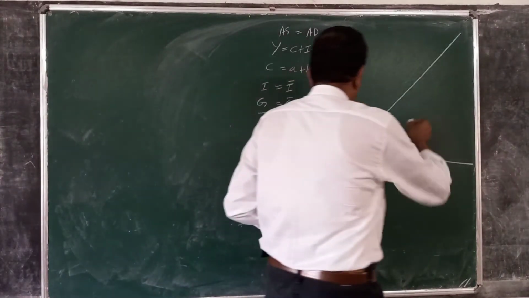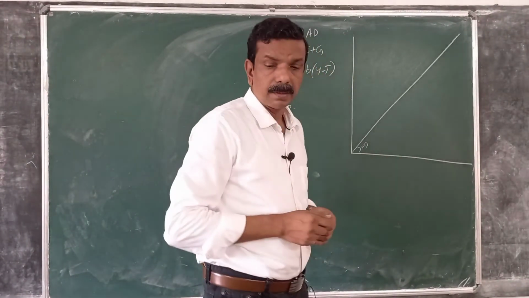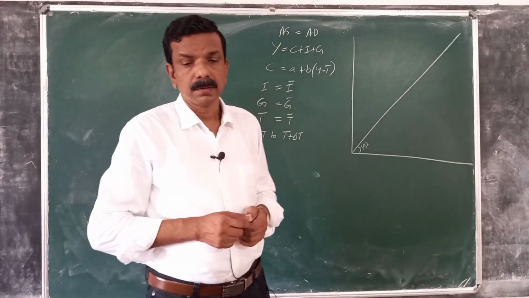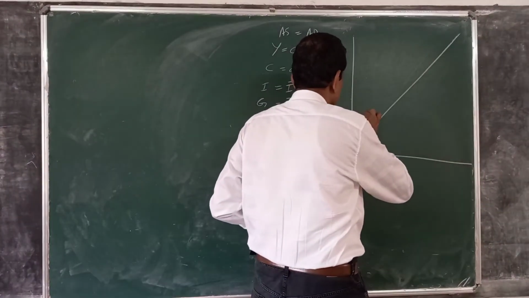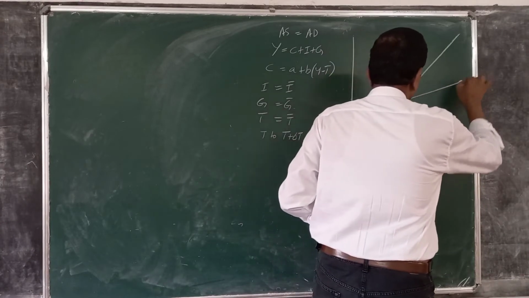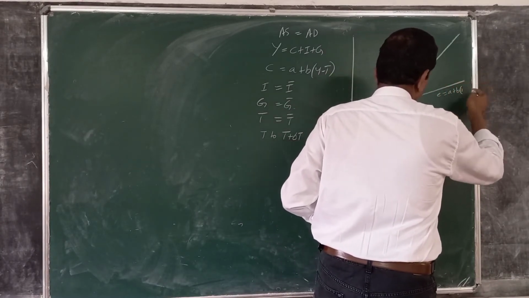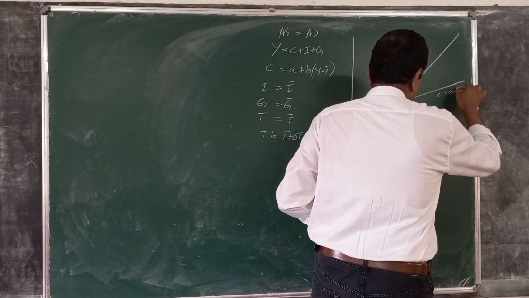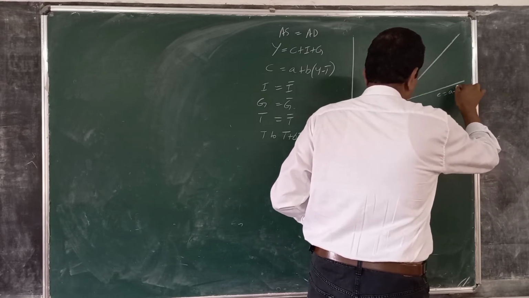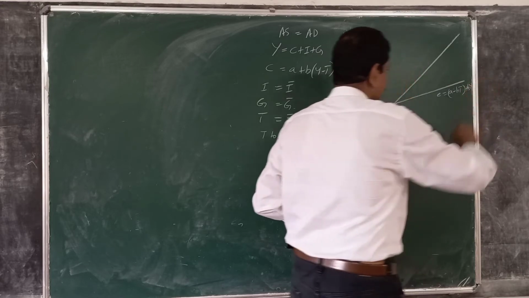Initially, the equilibrium level of income is established at C is equal to A minus BT plus BY.